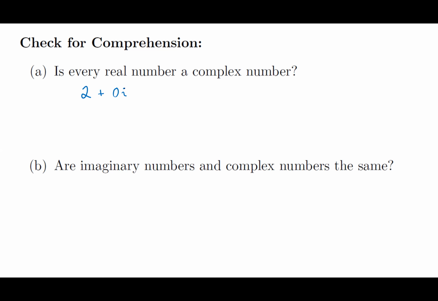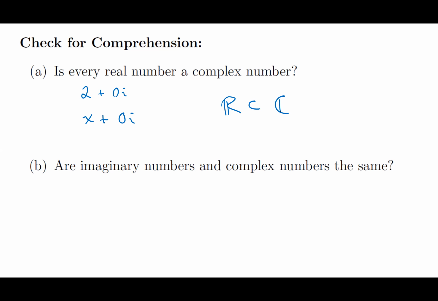So is 2 a complex number? Yes. If x is a real number, I could write it as x plus 0i and still, that's a real number, but now I've written it in a form that indicates it's also a complex number, okay? So yeah, the real numbers are a subset of the complex numbers, okay?